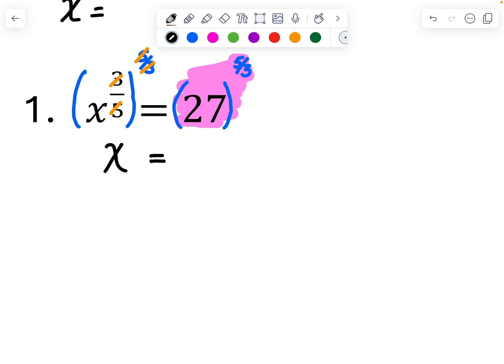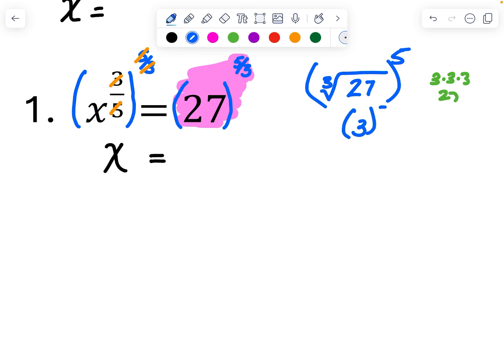What it actually means is the third root of 27 raised to the power of 5. And the third root of 27 is 3 because 3 times 3 times 3 is 27. And then that is going to get raised to the 5th power.